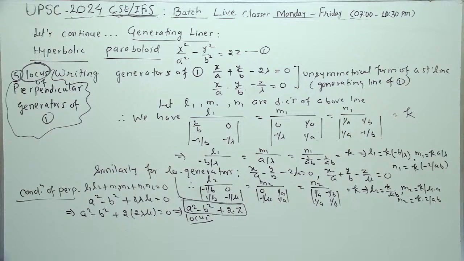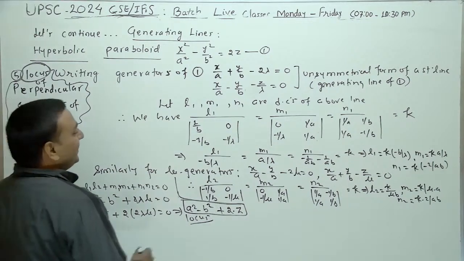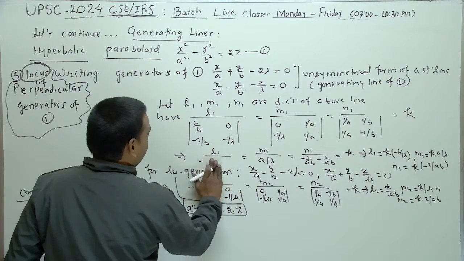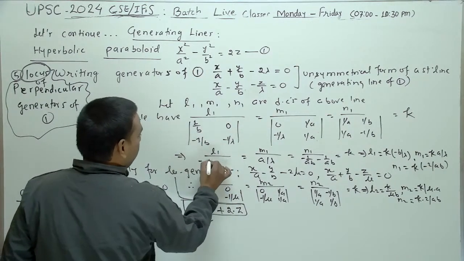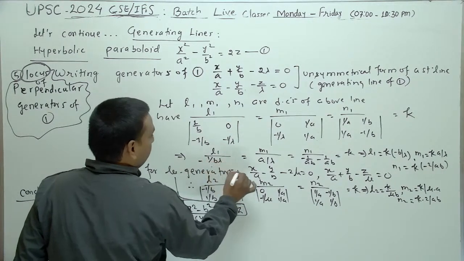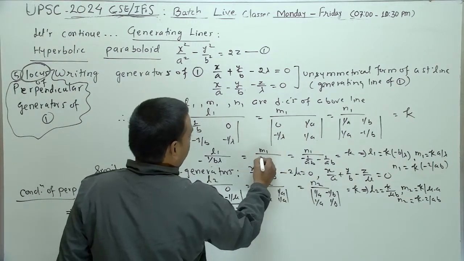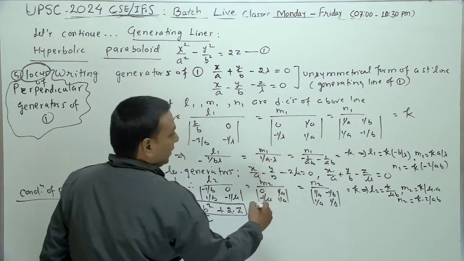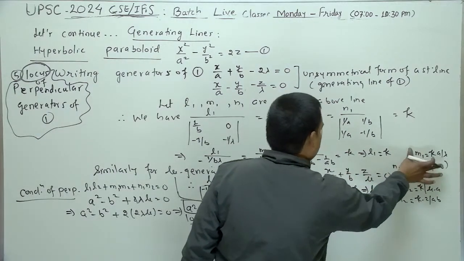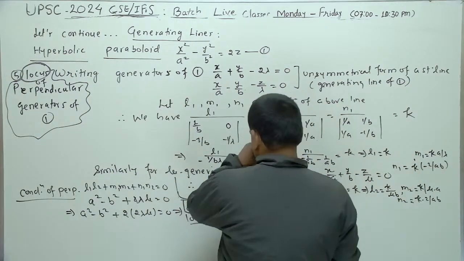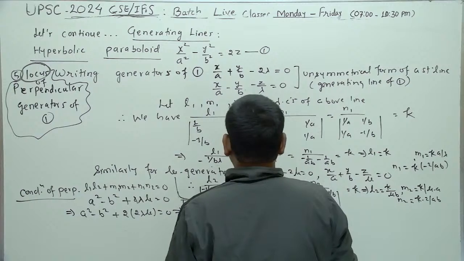Kanist Joshi, what are you saying? Acha, okay, I'm sorry. This you are saying minus 1 upon b into lambda. This you are saying. So this will be plus 1 upon a into lambda. Thank you.